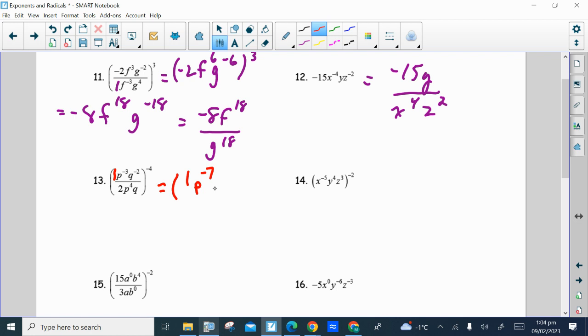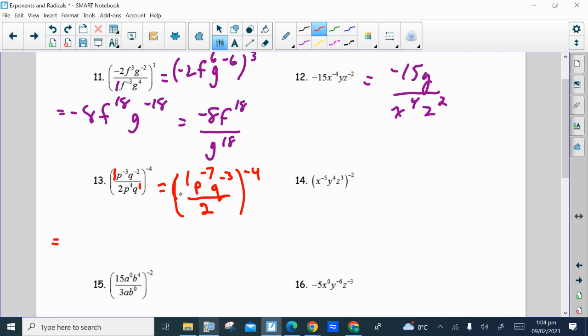And same thing with the q's. When you subtract the exponents, it's negative 2 minus 1, which is negative 3. Remember we said that 2 is going to stay on the bottom, and that's all raised to the power negative 4. So now everything inside the brackets is raised to the power negative 4.